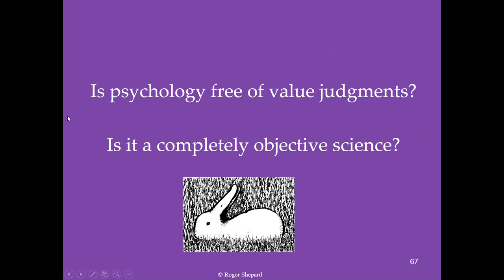Now, here's a question for you. Is psychology free of value judgments? Is it completely objective? Well, nothing really is, okay? Even harder sciences, so to speak, can have value judgments that influence how people interpret things.